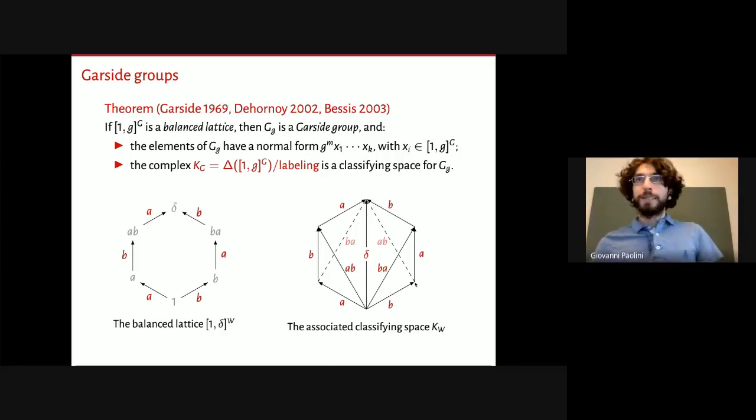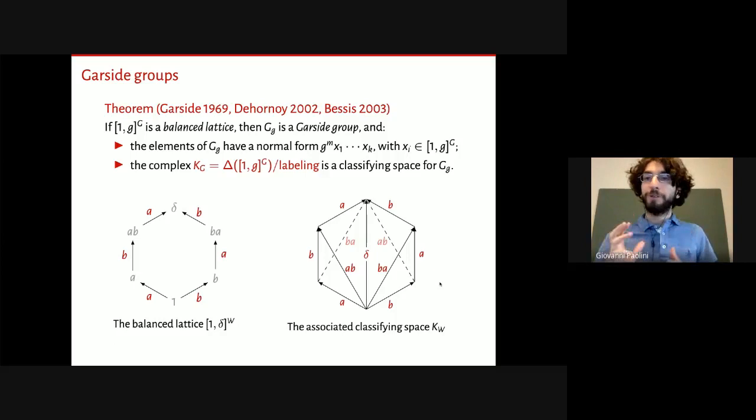Okay, and so this is good, because maybe it's not the very first thing that comes to your mind, but still it is a fairly simple construction. And most importantly, it gives you a small classifying space. Because if you know a little bit of algebraic topology, you know that from any group you can construct a classifying space.